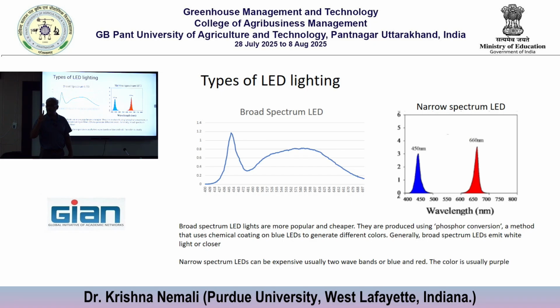Okay. So these are the two spectral graphs, and they tell you that there are two types of LEDs. These are called broad spectrum LEDs, meaning you have light in all wavelengths from 400 to 700, right? Compare this graph with this graph. What is the major difference?